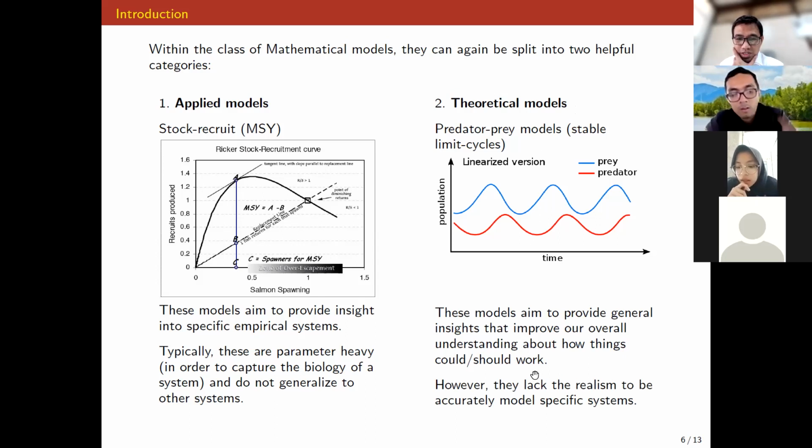However, theoretical models lack the realism to accurately model specific systems, because they are generated under many assumptions that make it very hard to be relevant to natural phenomena. It is not ideal. However, we can use it under the limitation of our assumptions.